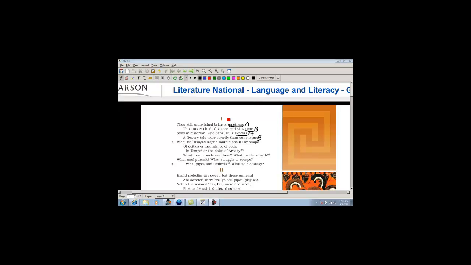The next thing we need to look at is the sestet, and we're going to do the exact same thing that we did for the quatrain, again looking at the last word in each line. So we look at shape.